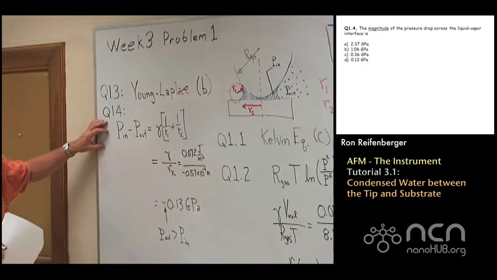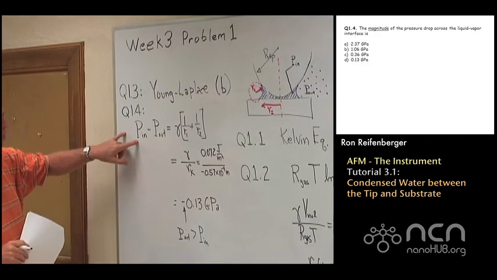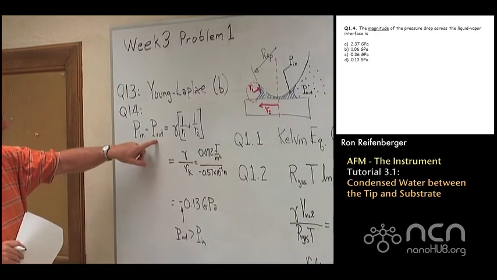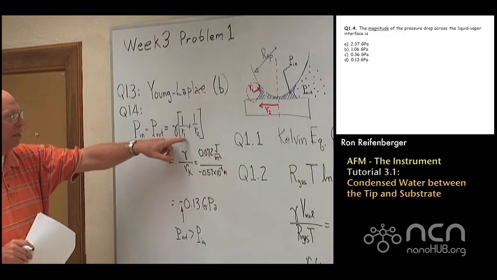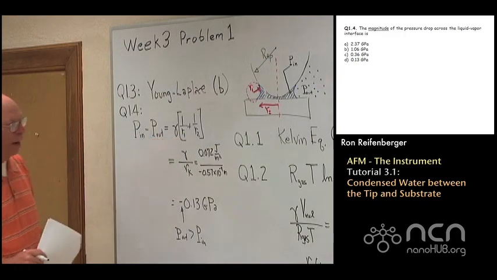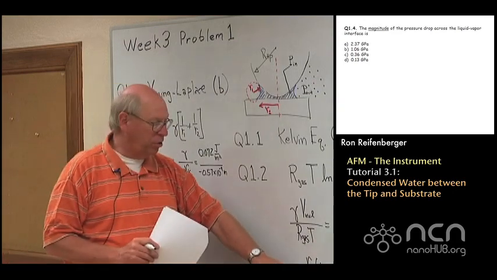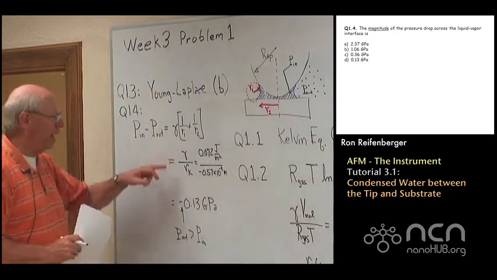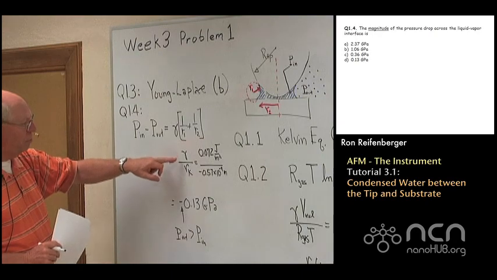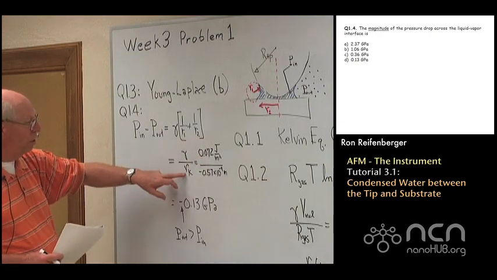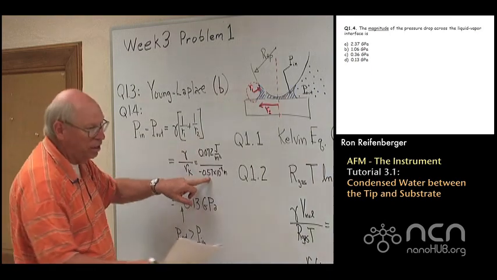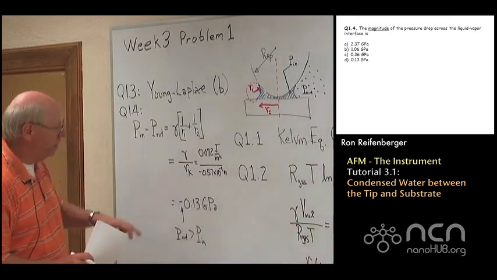The Young-Laplace equation states that the pressure inside the water drop minus the pressure outside is equal to the surface energy gamma times this parameter that we just calculated in part 2, 1 over R sub k. So gamma again is 72 millijoules per square meter. R sub k we calculated as minus 0.57 nanometers.